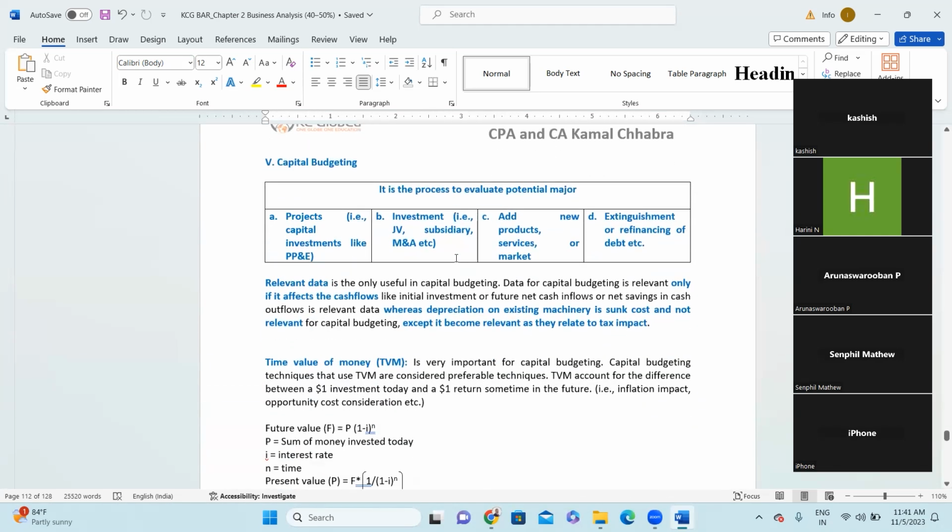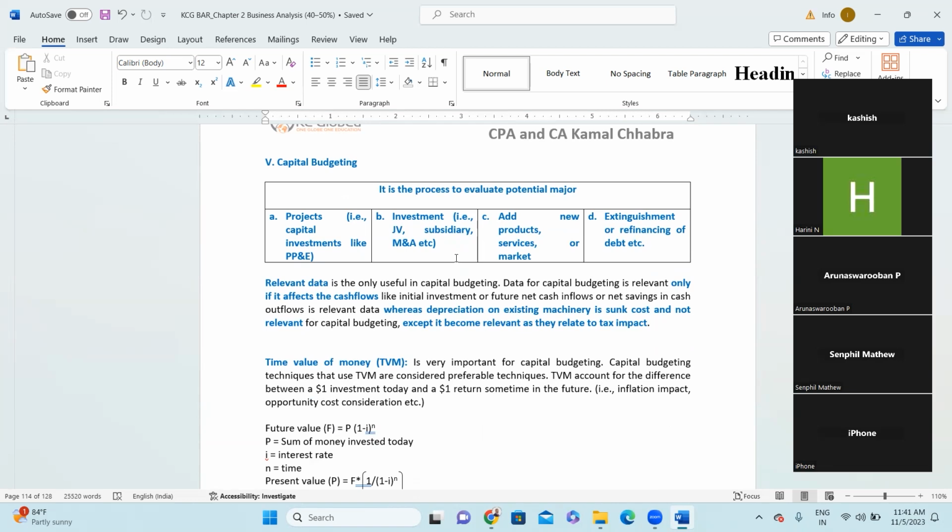Next is capital budgeting. This is a slightly bigger topic. It is a process to evaluate the potential measure of the project's capital investment, adding a new product, service or market, or extinguishment or refinance of any debt.